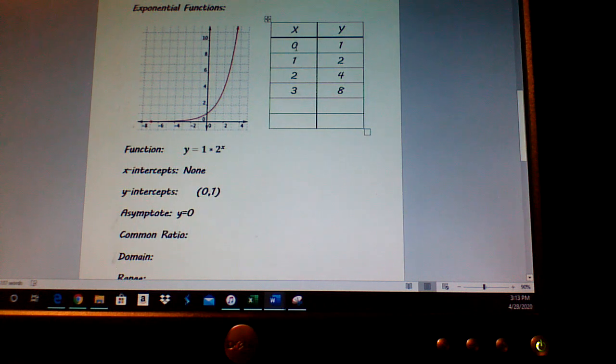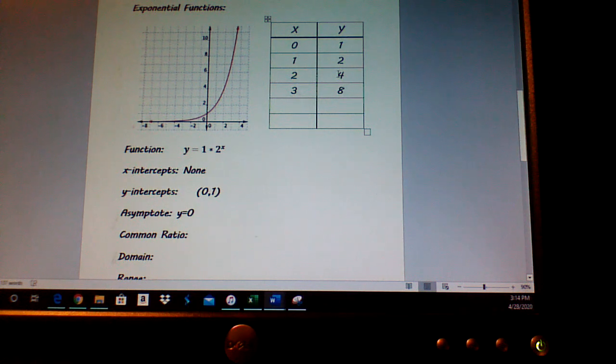Alright, so now take a look at these here. Look for a pattern on your y values. How can I get from 1 to 2, 2 to 4, 4 to 8? Notice we can't add the same thing to get from one of these to the next, because 1 plus 1 gives me 2, but 2 plus 1 does not give me 4.